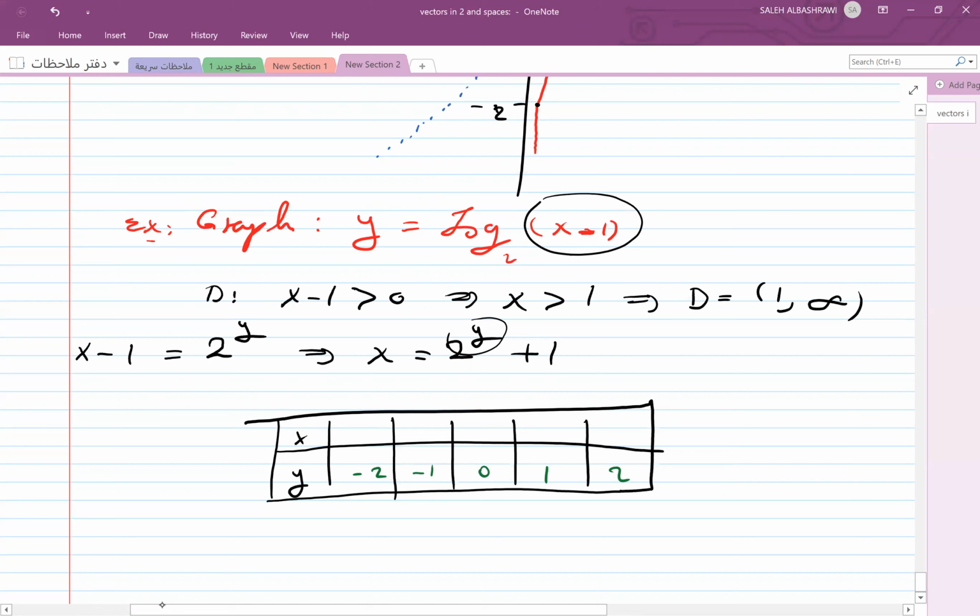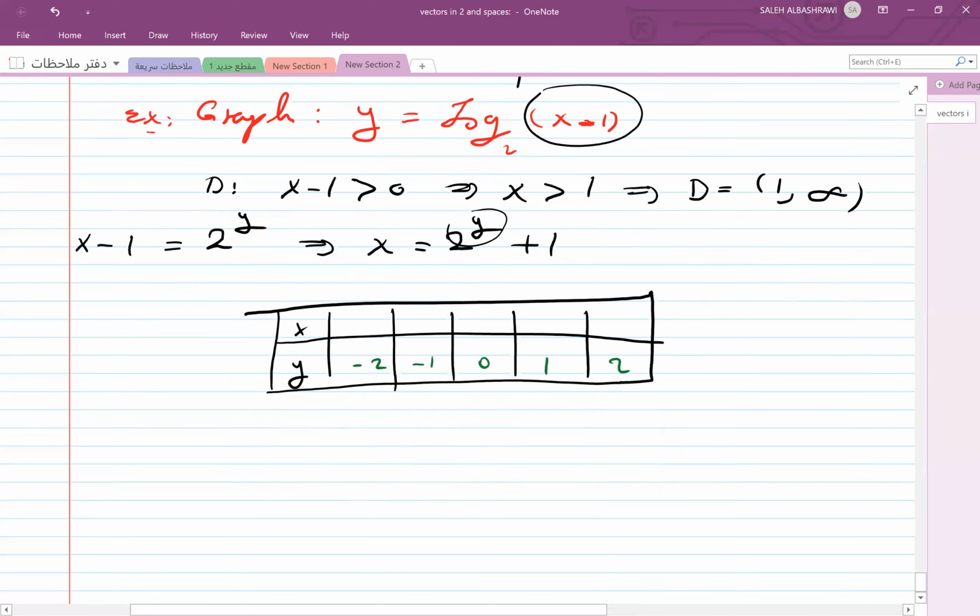Now if y equal to minus 2, then x will be 2 to the power minus 2 plus 1. That will be 1 over 4 plus 1, which is equal to 5 over 4.